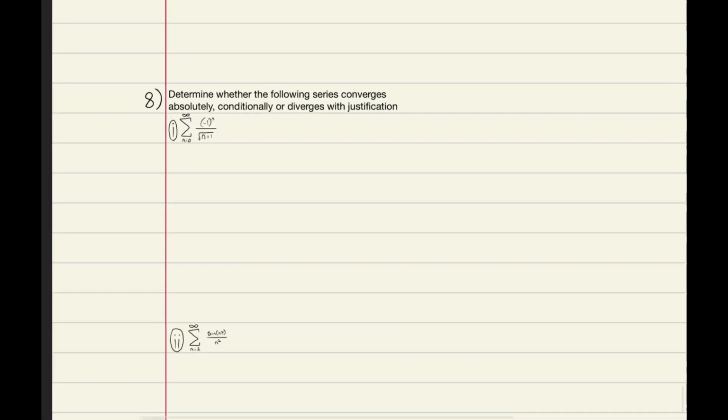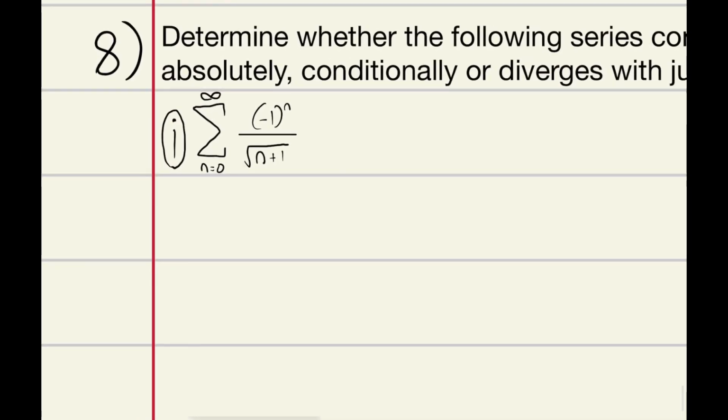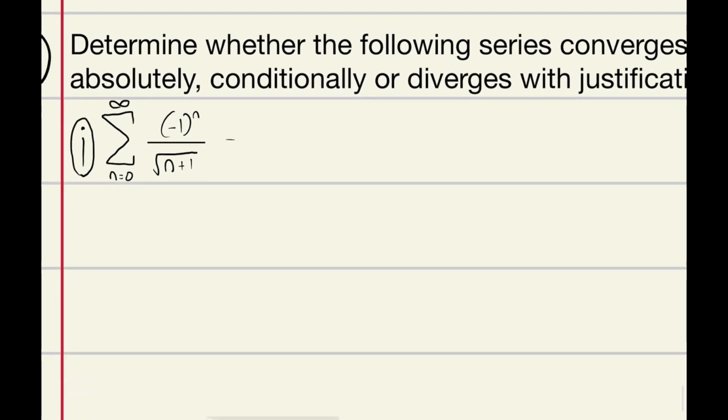Next, we'll go over number 8, which has parts 1 and 2. We have to determine whether the following series converges absolutely, conditionally, or diverges with justification. So, let's see how these series act first.